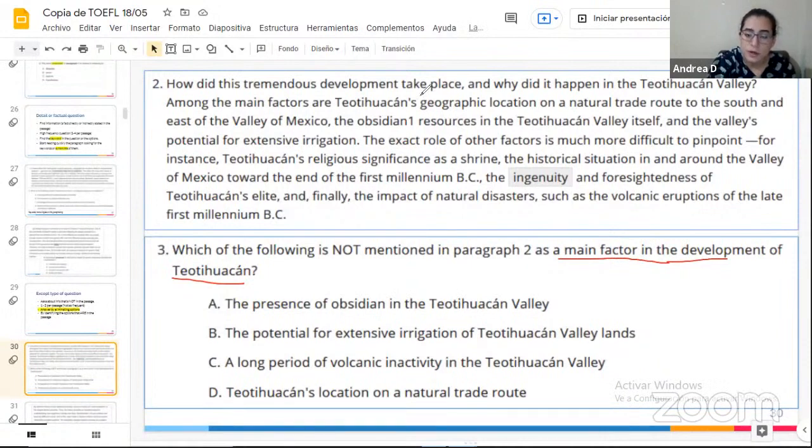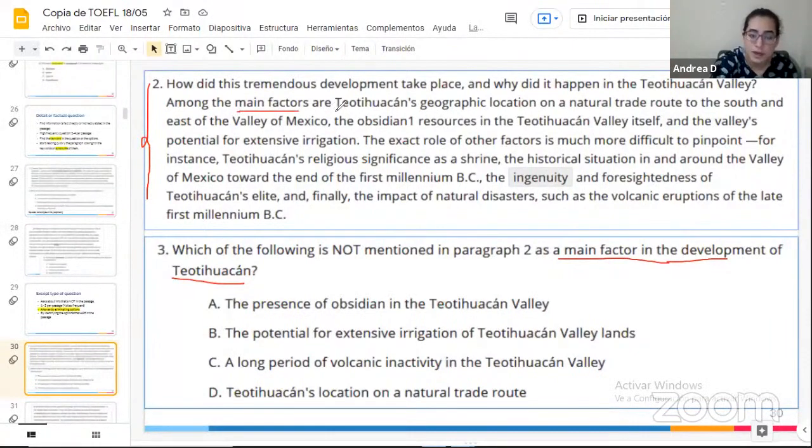Can you guys tell me where to find that? I know we haven't read it, but just by scanning, because we read this last class, the keyword is in the second sentence. Great, there you go.